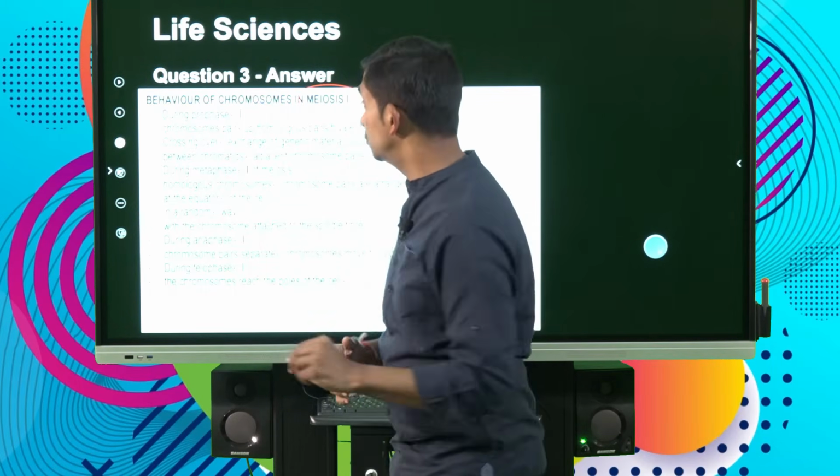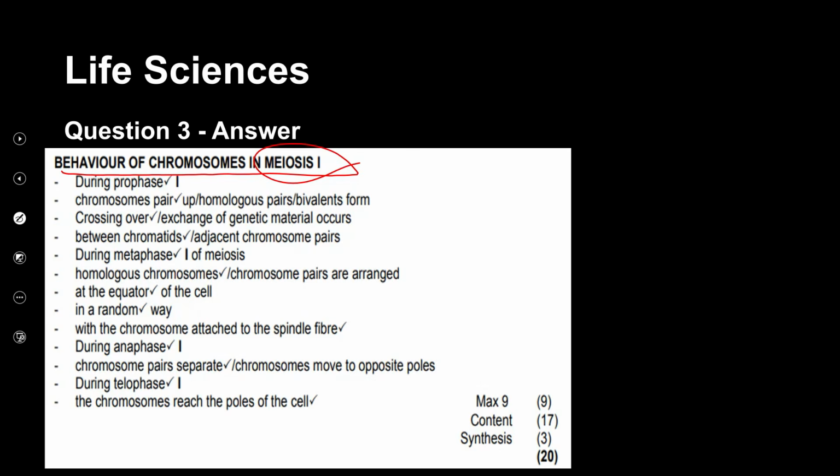During metaphase 1, chromosomes arrange themselves along the equator. And during anaphase, these chromosomes move apart. And then finally, in telophase 1, we discuss how 2 daughter cells are produced, and each of these cells has half the original number of chromosomes.